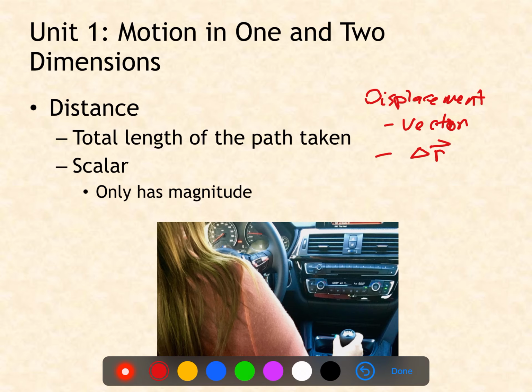So it has both magnitude and direction to it, and the path does not matter. It just matters where you are compared to where you were.